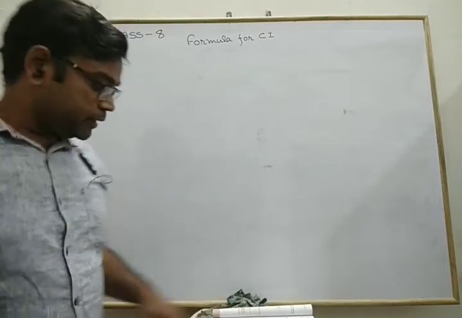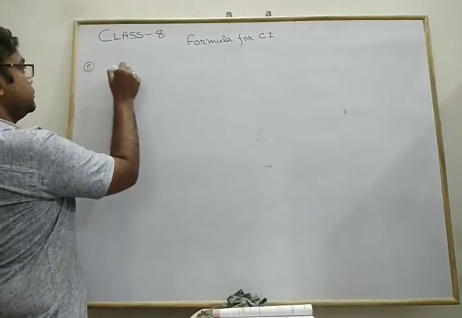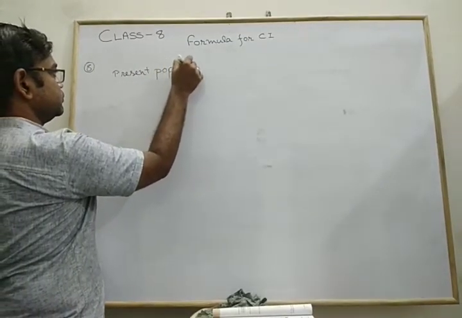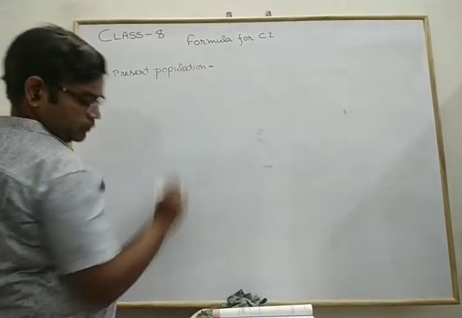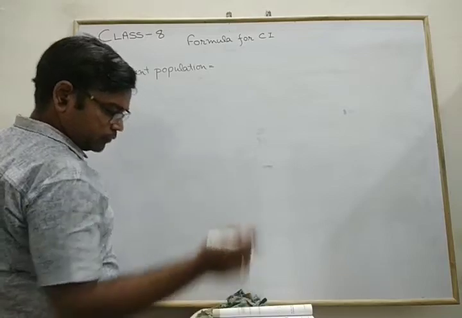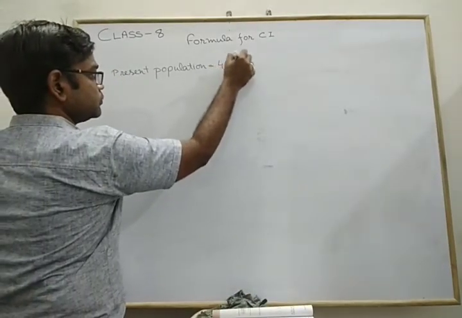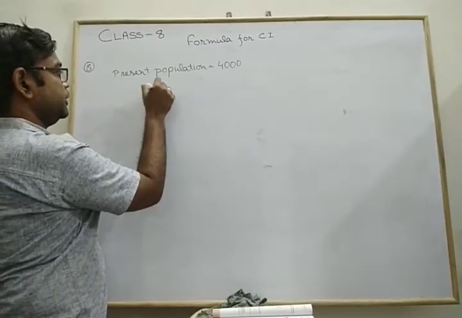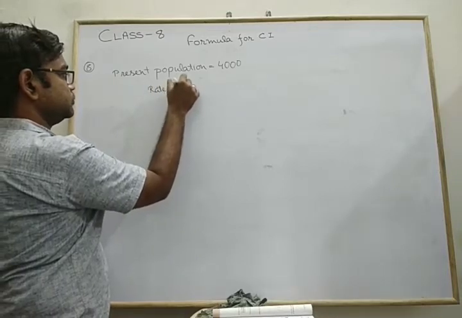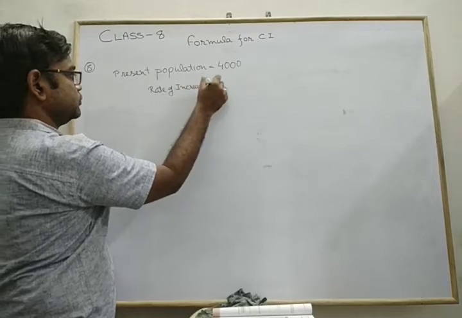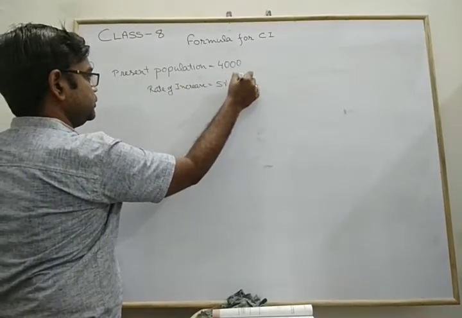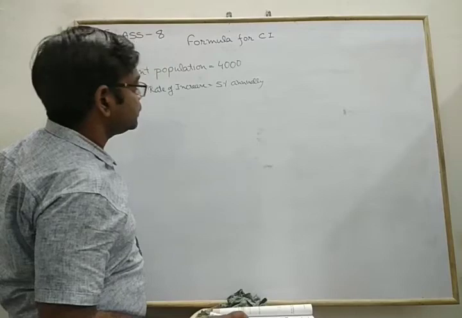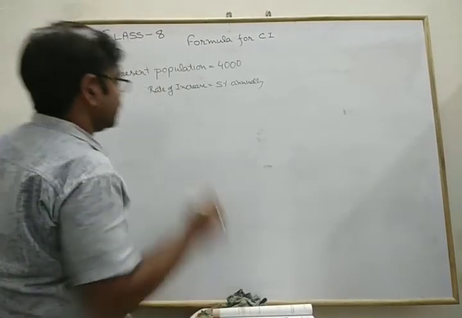The present population is given as 4,000, the rate of increase is 5% annually, and the time is 2 years.